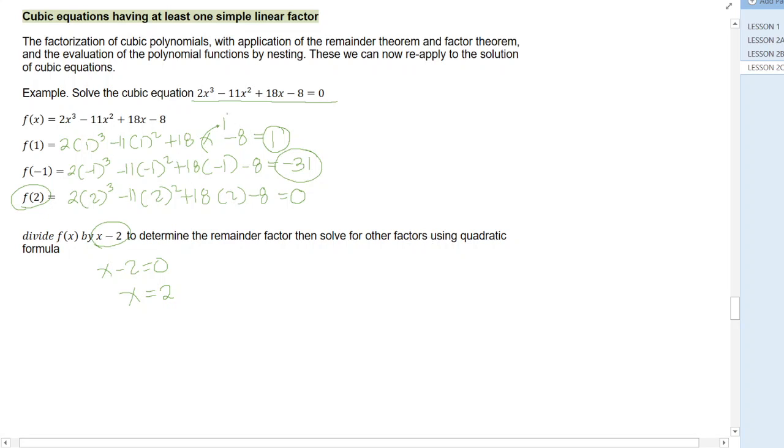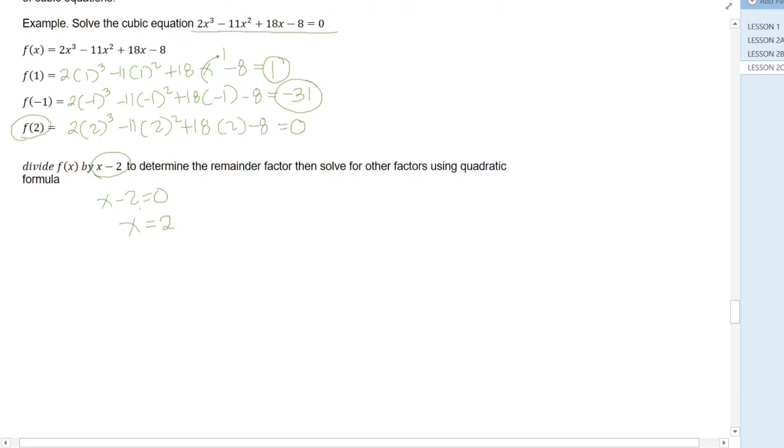So for the remainder, let us divide 2x cubed minus 11x squared plus 18x minus 8 by x minus 2.